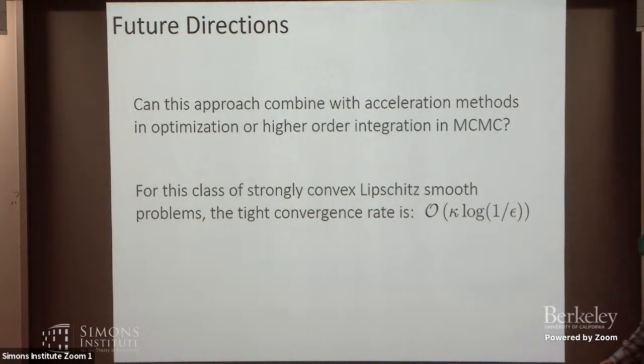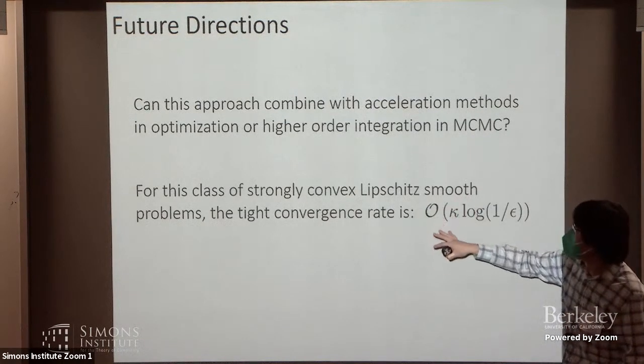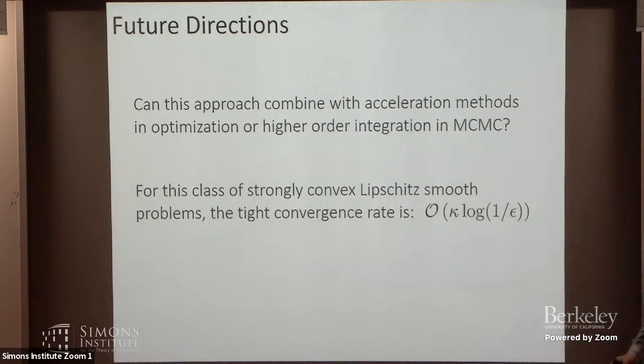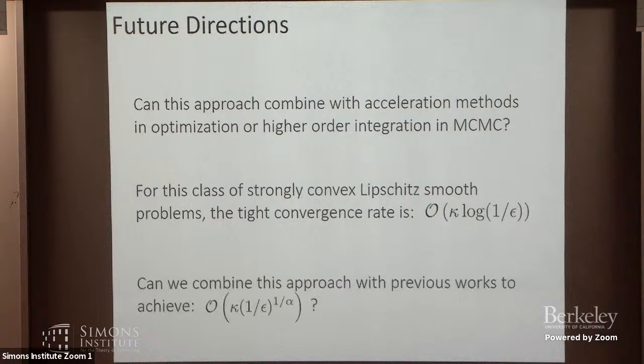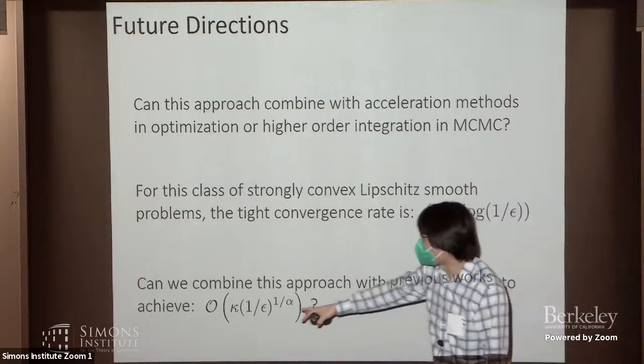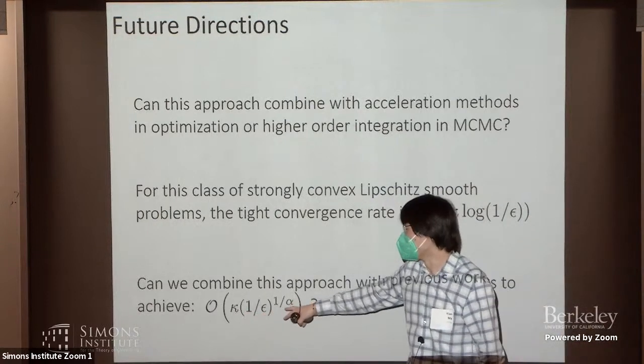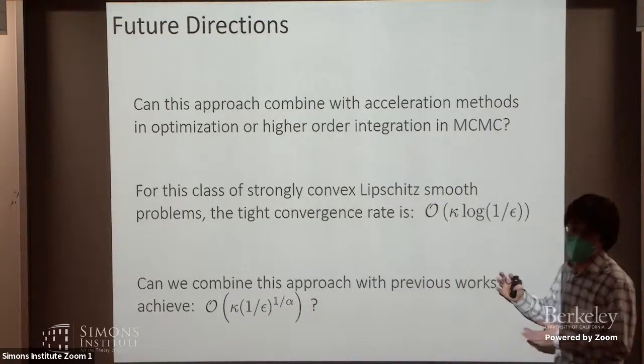For this class of strongly convex, Lipschitz smooth problems, I think the tight convergence rate should be kappa times log of 1 over epsilon. So the question is, can we combine this approach with previous works to achieve something like kappa times 1 over epsilon to the 1 over alpha power, where alpha can be arbitrarily large?